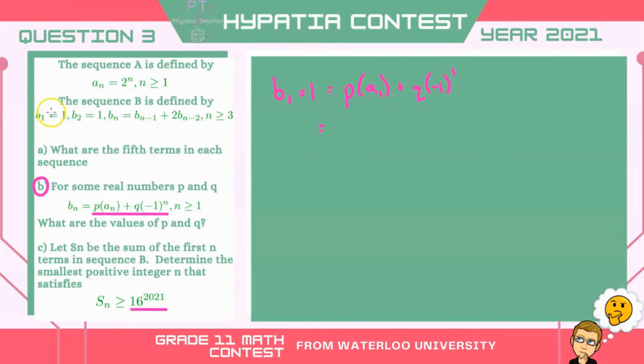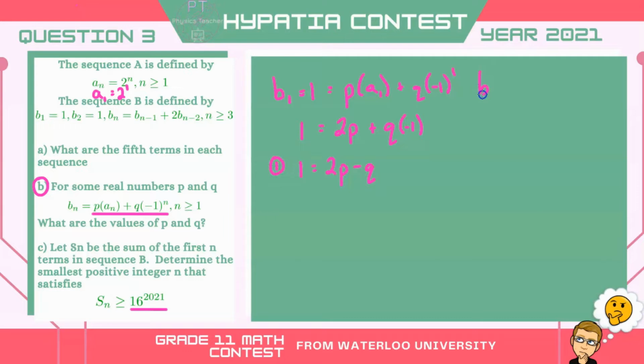A1 would simply be 2 to the power of 1, so we know A1 is 2. So now we have 1 equals P times 2, or just 2P, plus Q, and negative 1 to the power of 1 is just negative 1. So this tells us that 1 is equal to 2P minus Q. Let's call this equation 1.